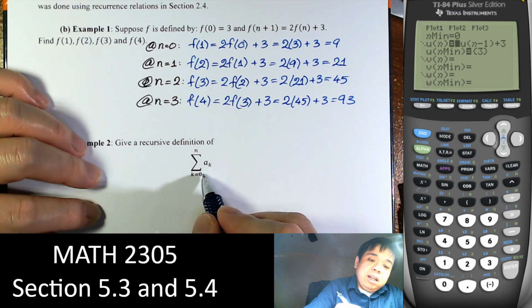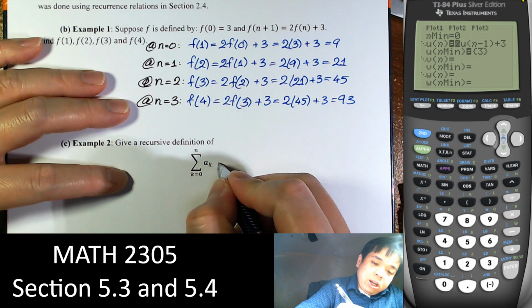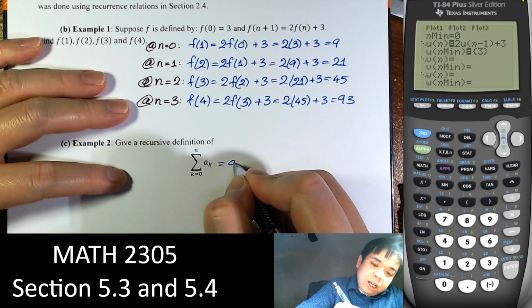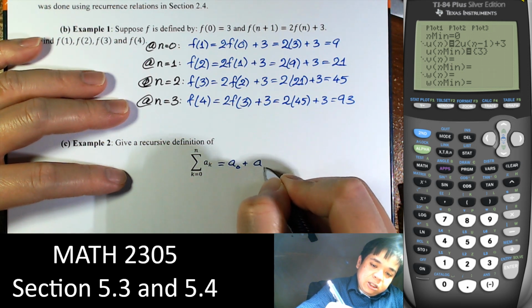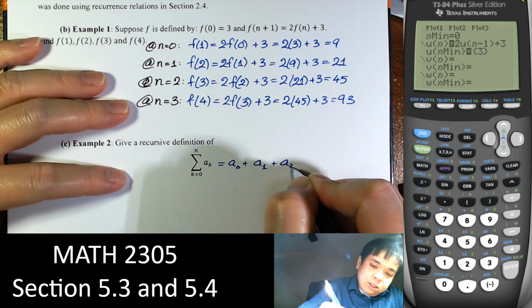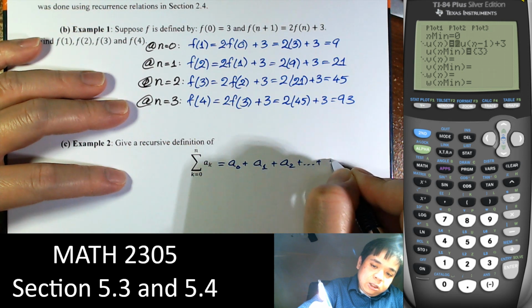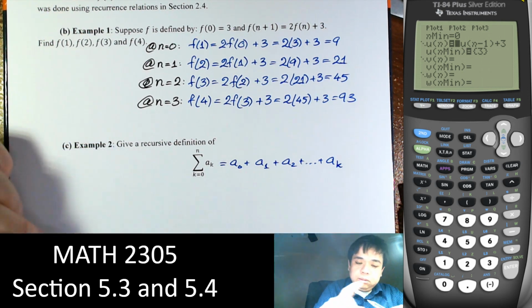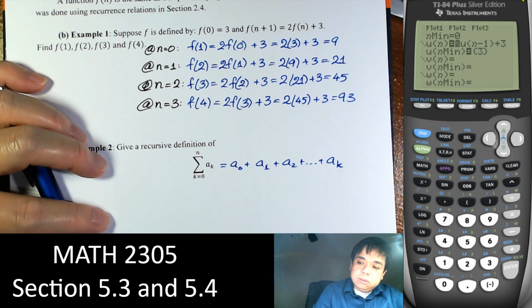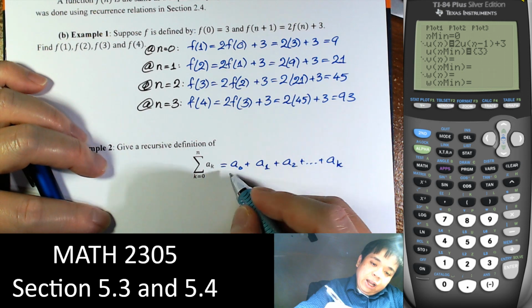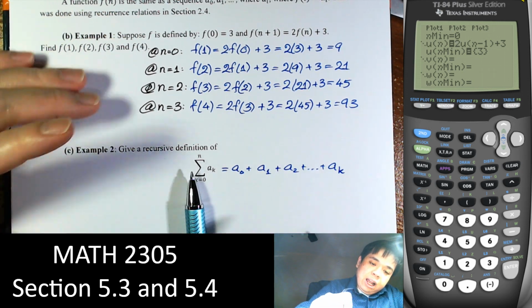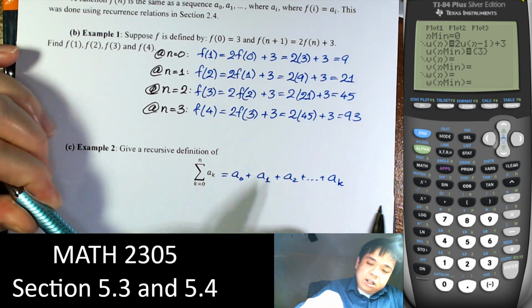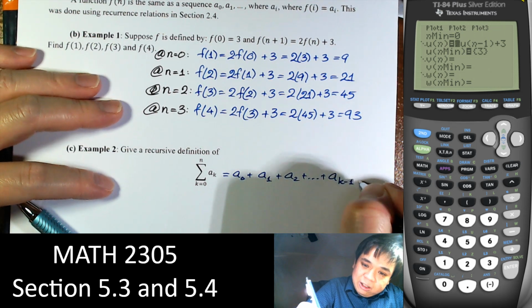And then for k, we can just write a naught, and so we can write one term before that.